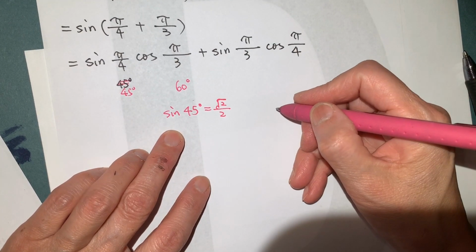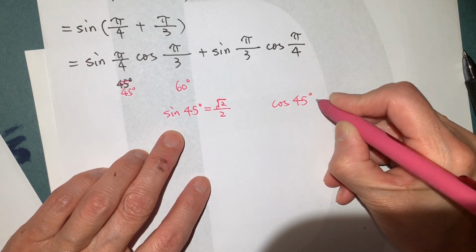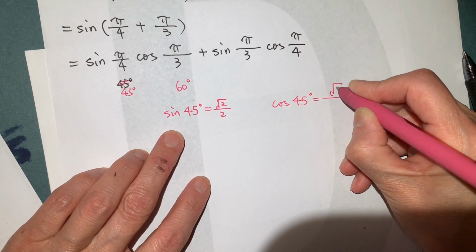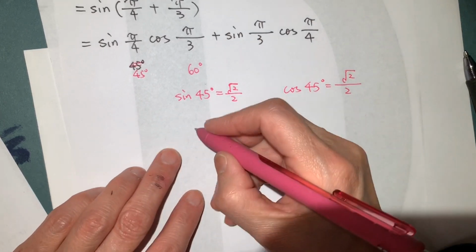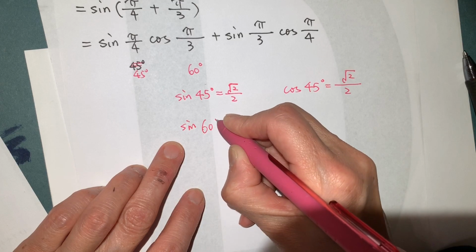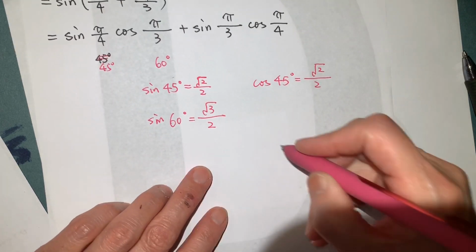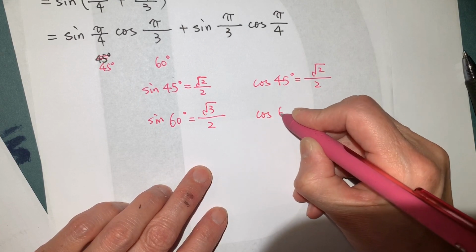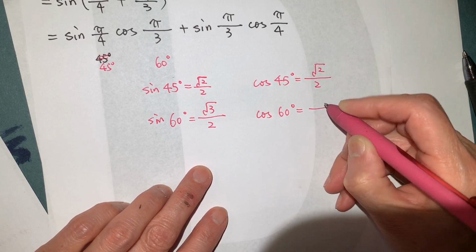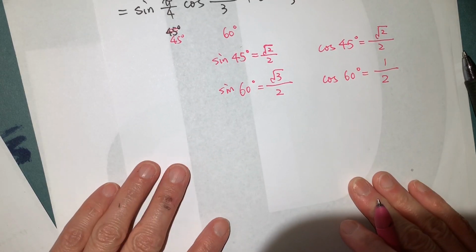And cosine 45 degrees is also root 2 over 2. Sine 60 degrees is root 3 over 2. And cosine 60 degrees is 1 over 2. It's a half.